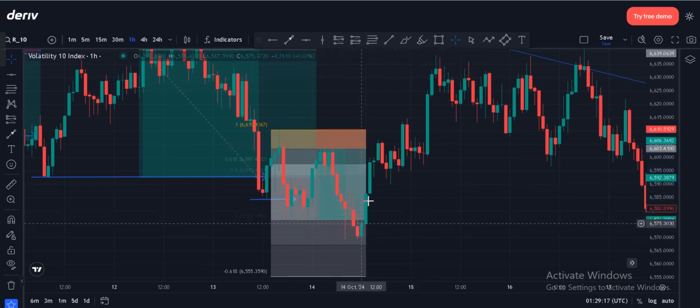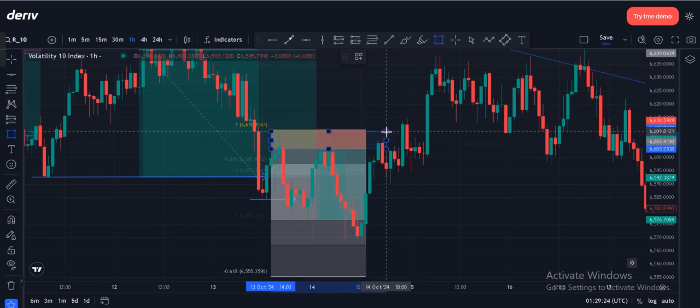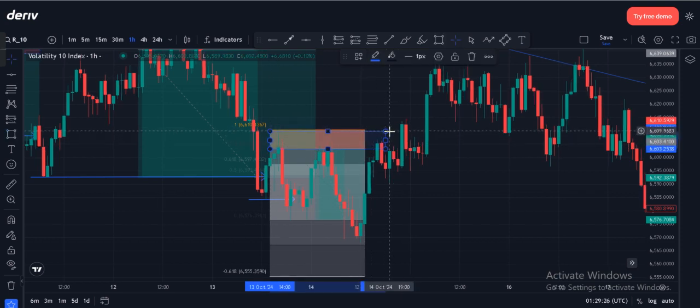So this is actually our levels being met once again. But this time around, our levels got met at 0.79 level.